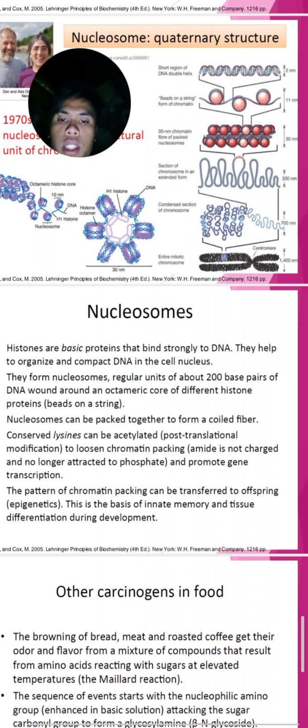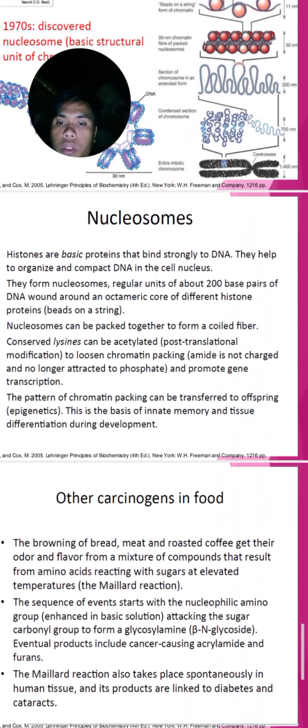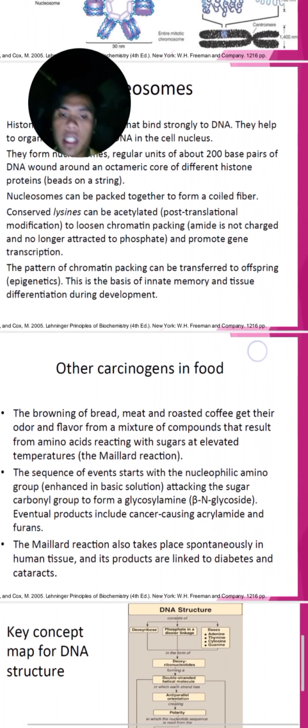To loosen chromatin packing, the amine is no longer charged and no longer attracted to phosphate, which promotes gene transcription. The pattern of chromatin packing can be transferred to offspring, which is epigenetics. This is the basis of innate memory and tissue differentiation during development.